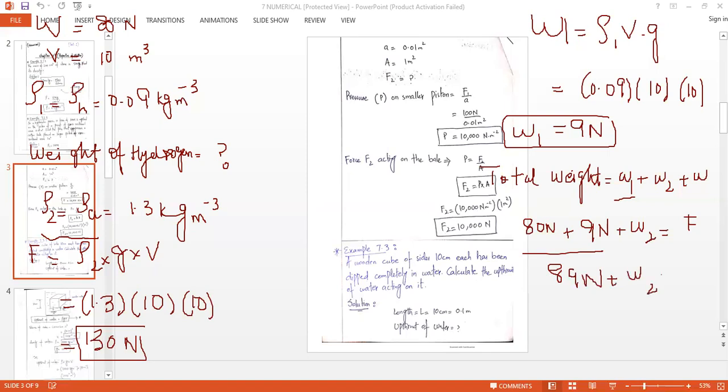We have to find W2, and the value of force is 130 Newton. Putting the value there, W2 equals 130 minus 89, so W2 equals 41 Newton.